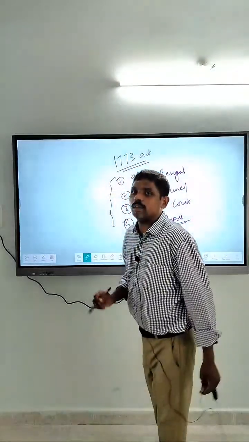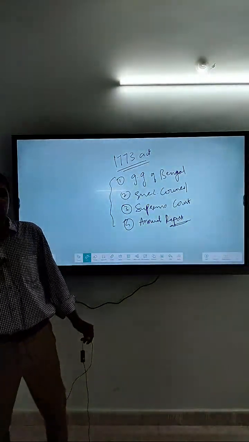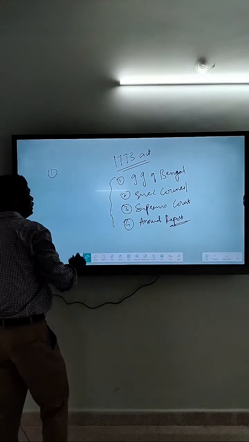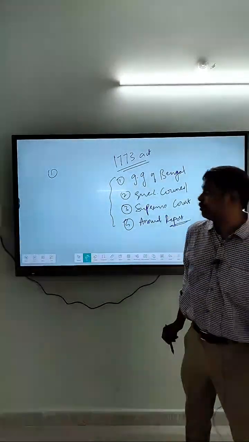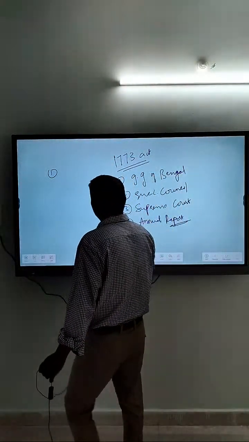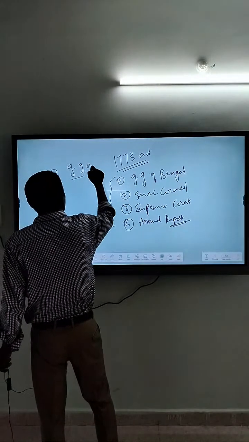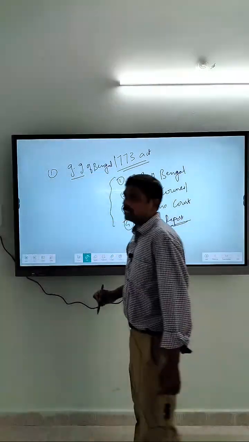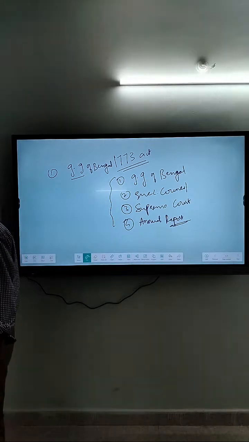So let me talk about the significance of 1773 Act, right? This act for the first time created the institution of Governor General of Bengal.